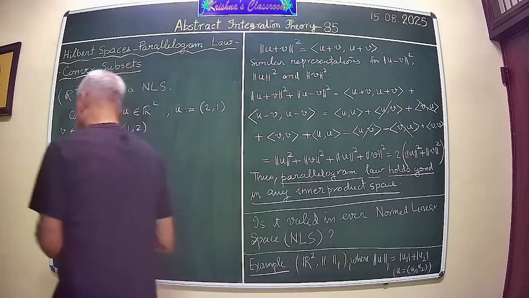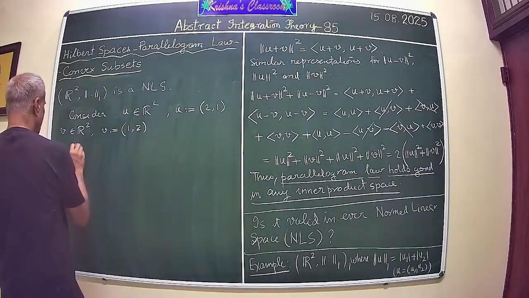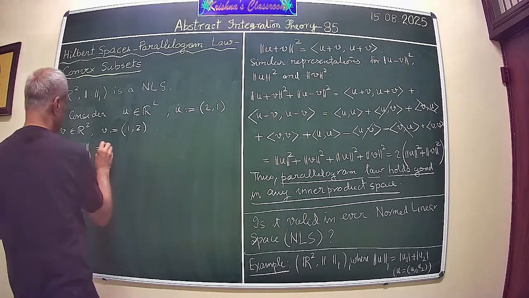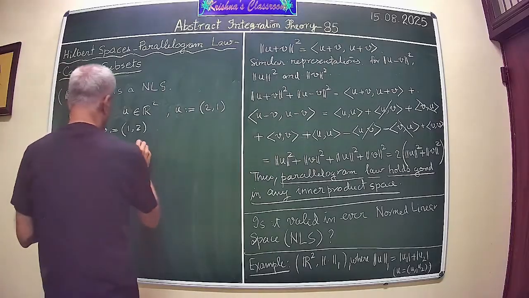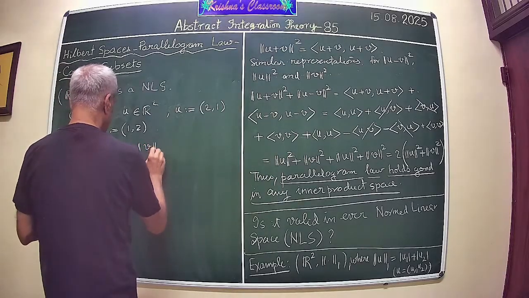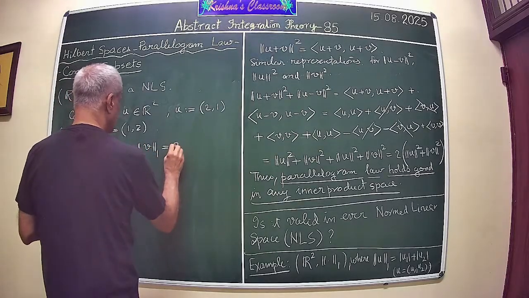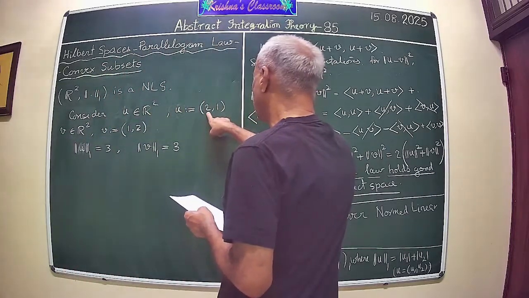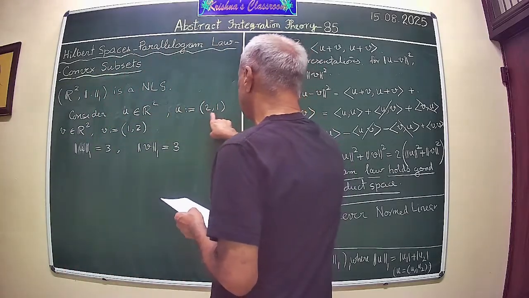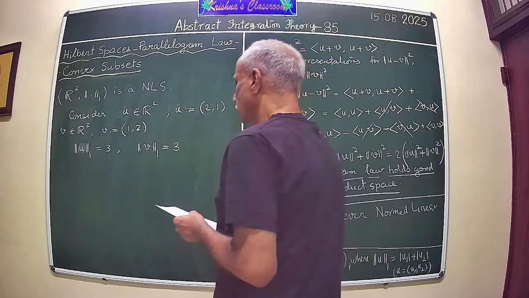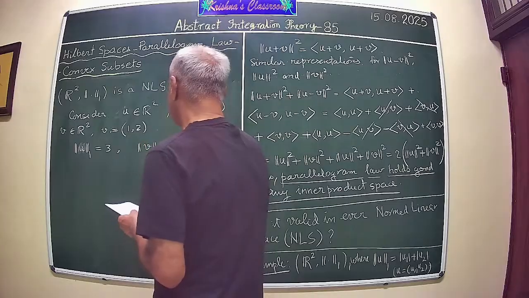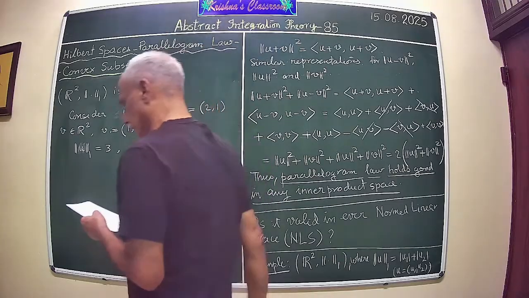Now it's quite easy to compute. Norm 1 of u equal to 3. Norm of v is also equal to 3. So you see that it is mod 2 plus mod 1, that is 2 plus 1, that is 3, and mod 1 plus mod 2, that is norm 1 is equal to 3.